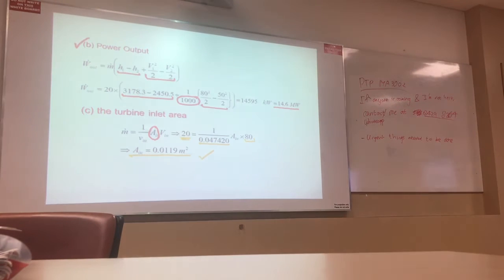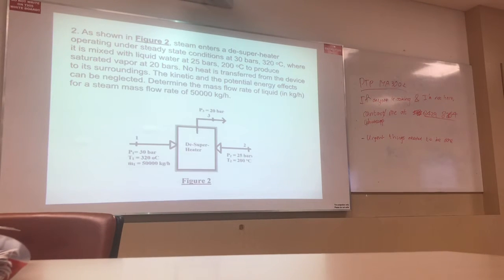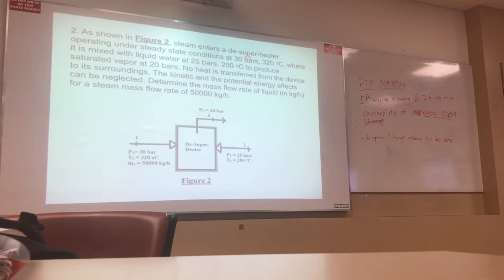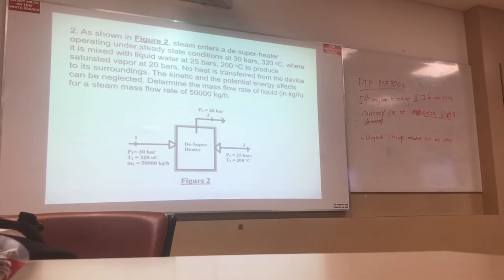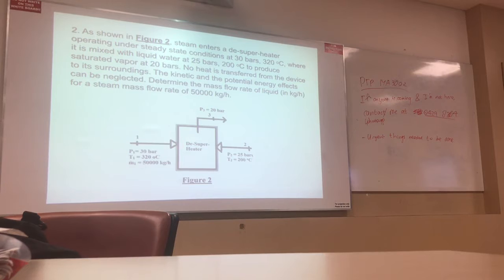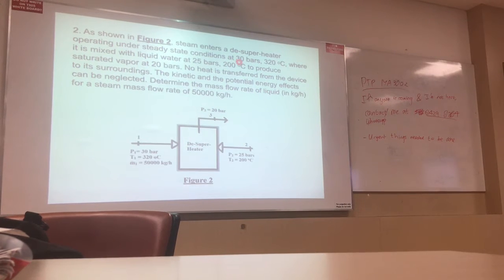Okay. So now I can go to question number 2. As shown in figure 2, steam enters a desuperheater operating under steady state condition at 30 bar and 320 degrees Celsius.